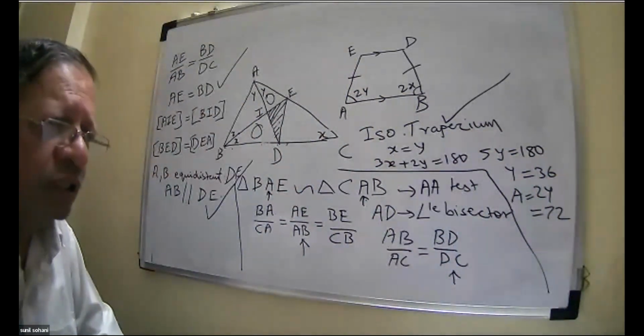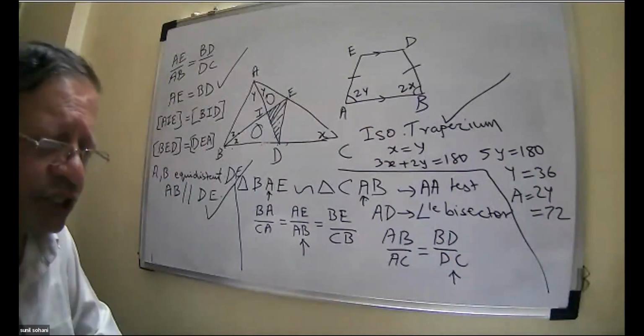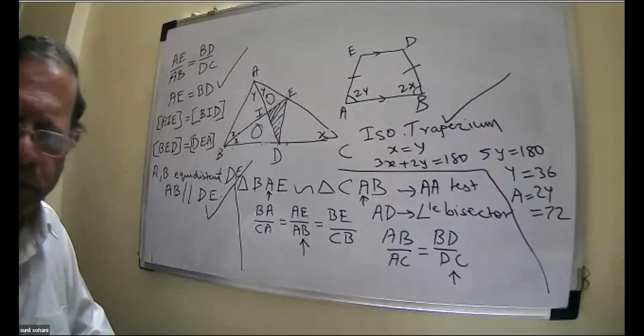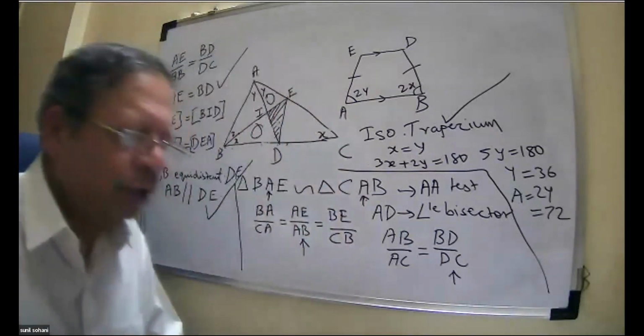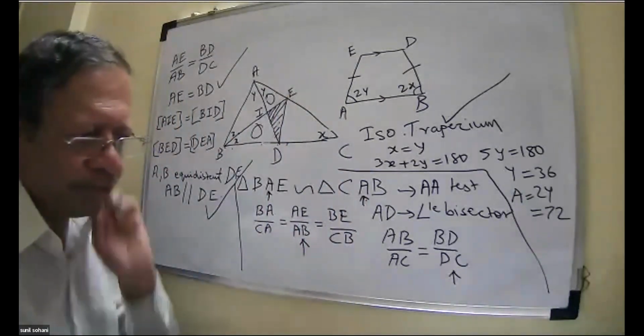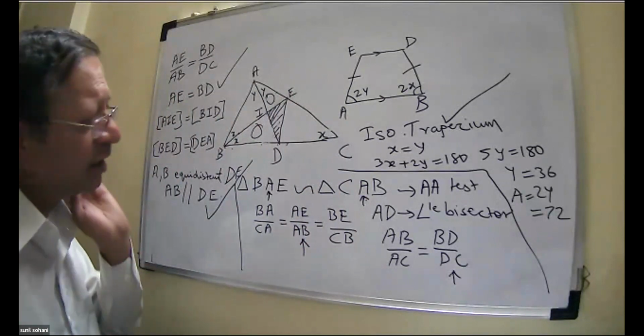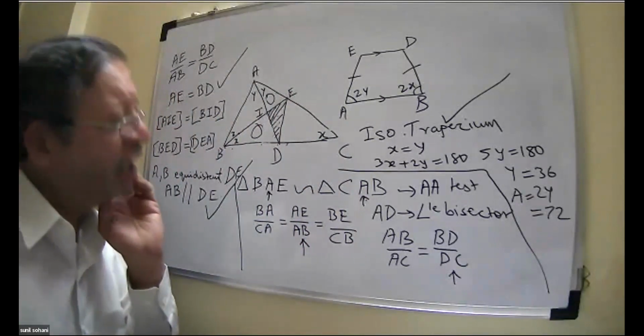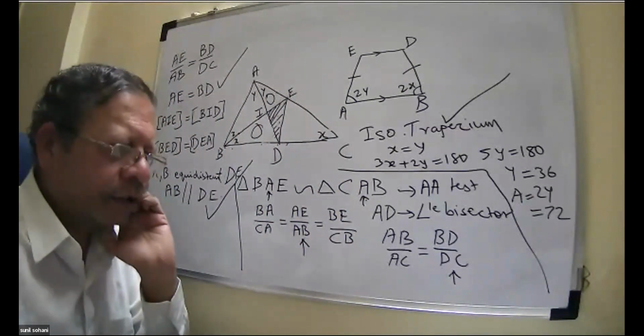This is the difficulty level of this question, wherein two constructions are involved, which are very difficult to do or think of during the test. Very difficult. And you can understand what all I have to do to prove that ABDE is an isosceles trapezium.